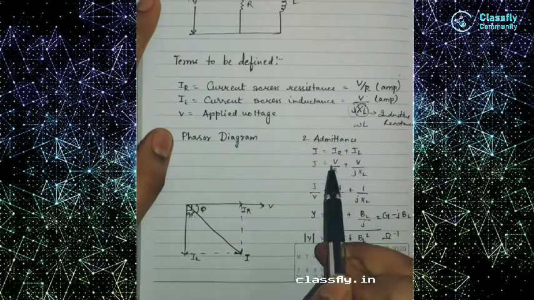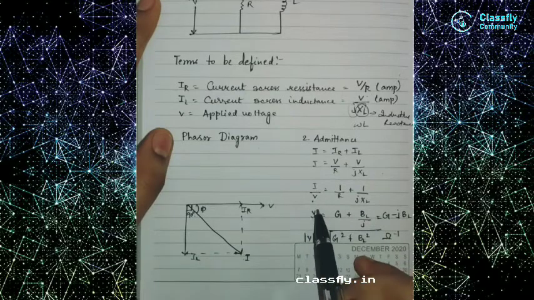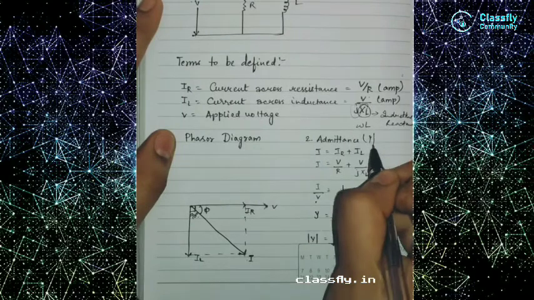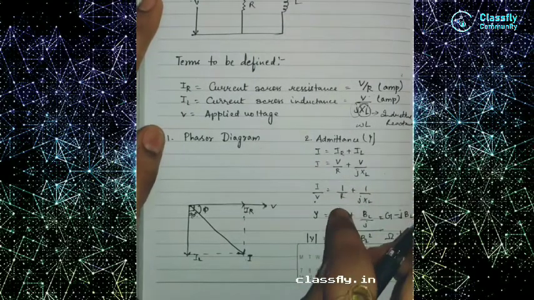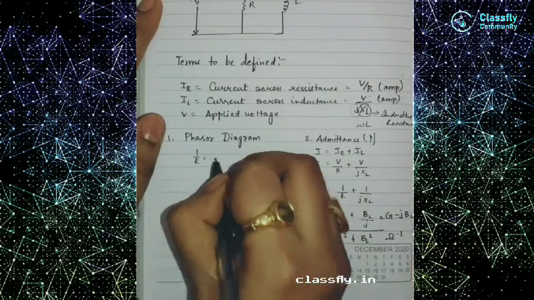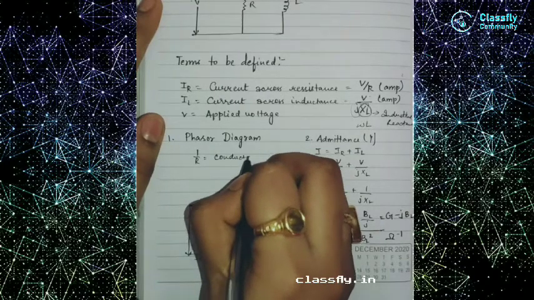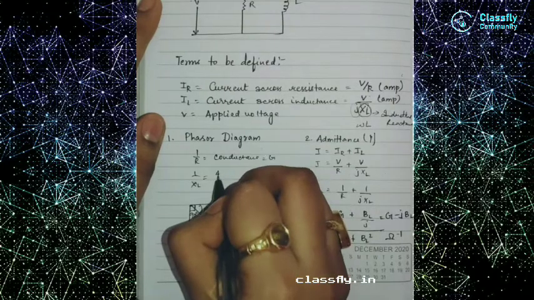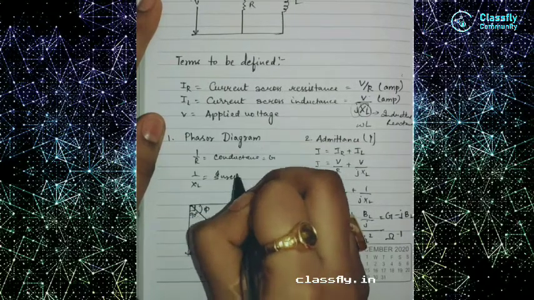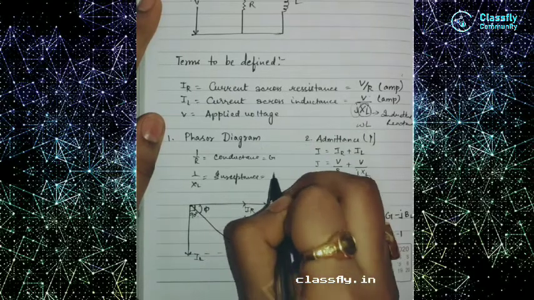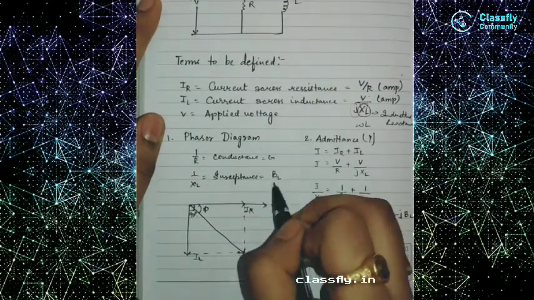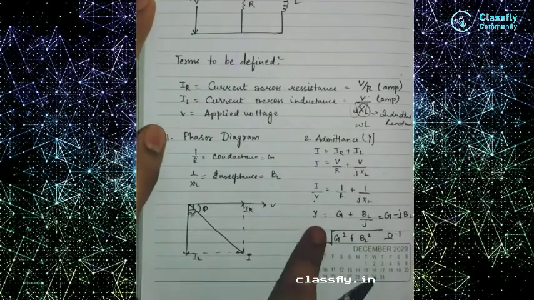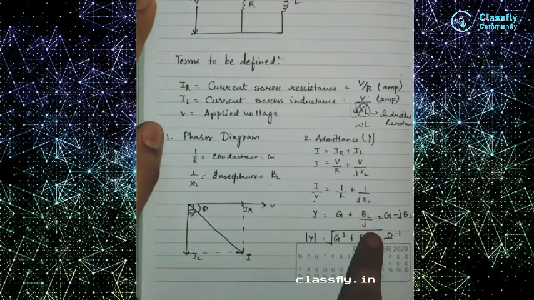So whenever we take out the common V, I by V is stated as admittance, which is denoted by capital Y. We know that 1 by R is our conductance, denoted by G, and 1 by XL is our susceptance, which is represented as BL, because B denotes susceptance, and as it is inductance, so L. So we can write Y equals G plus BL by j.